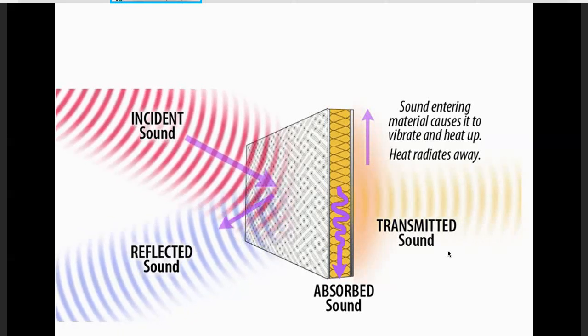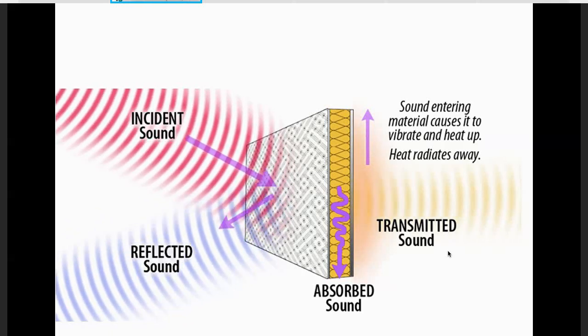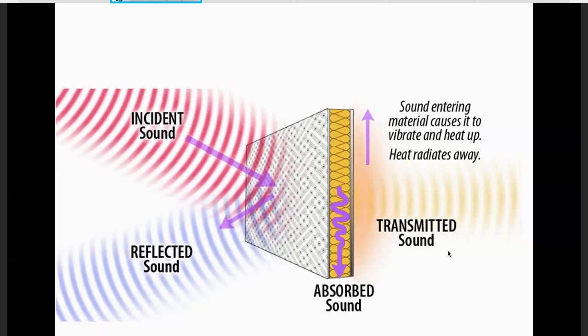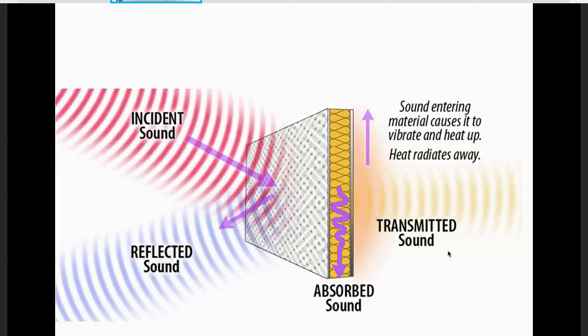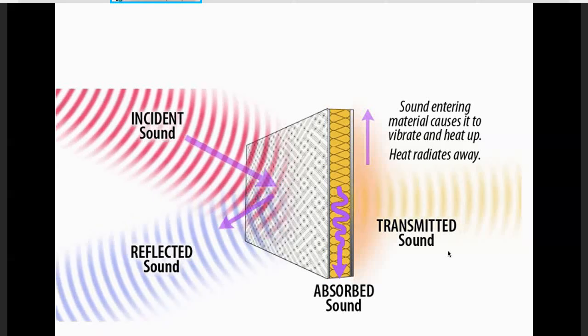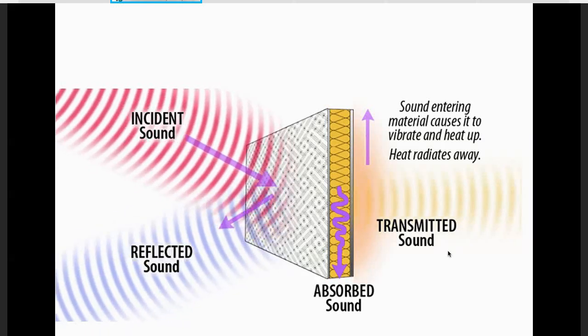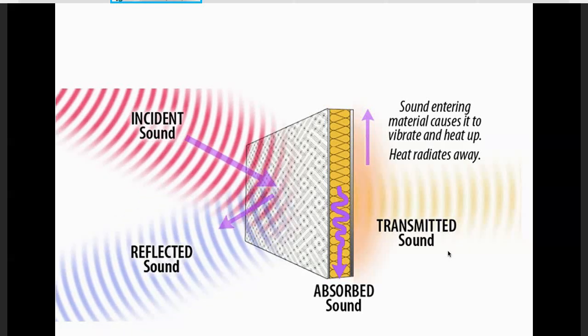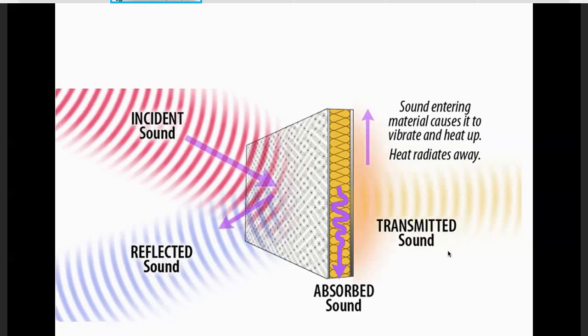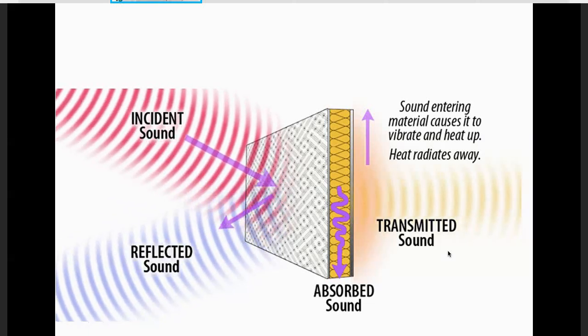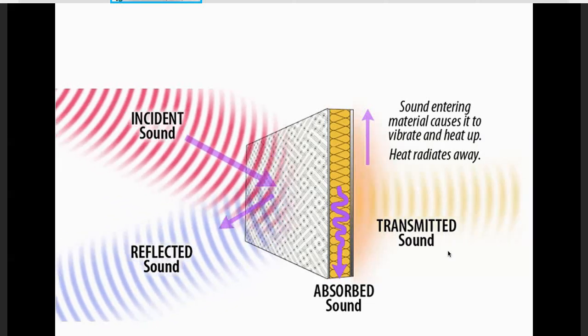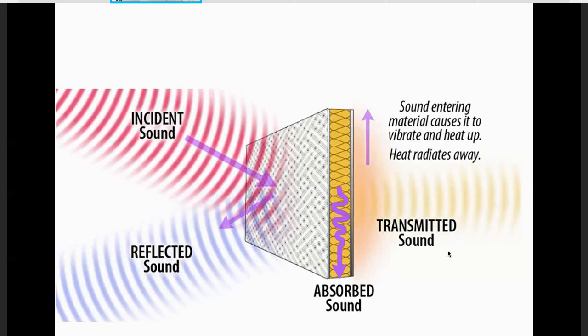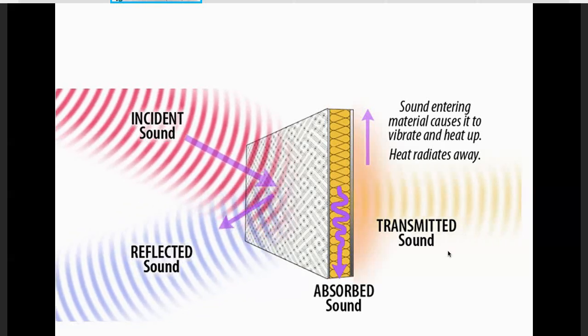For example, in your school hall or a very old hall, you can observe a board with holes, but inside they put foam. So the hard surface of the wall is actually to reflect, but they want to absorb some. So some will be absorbed, some will be reflected.